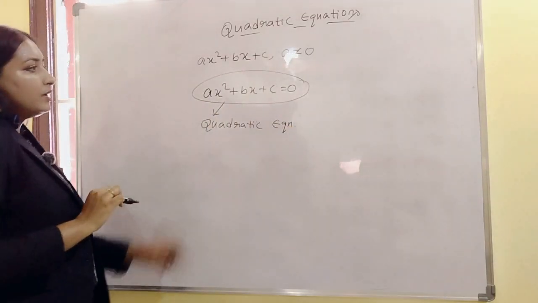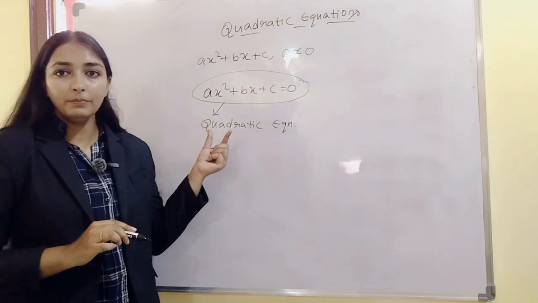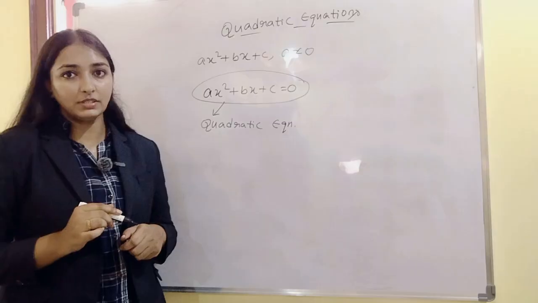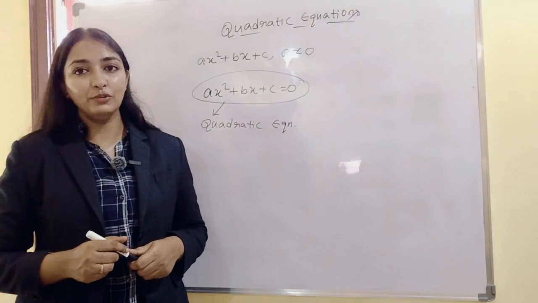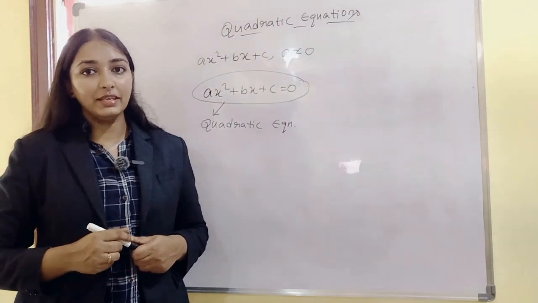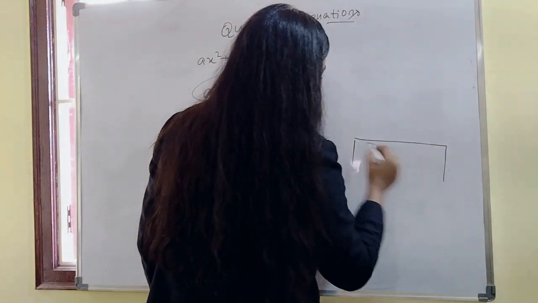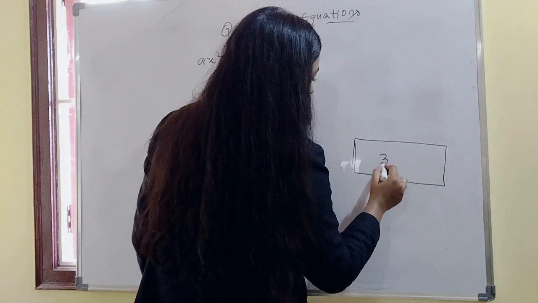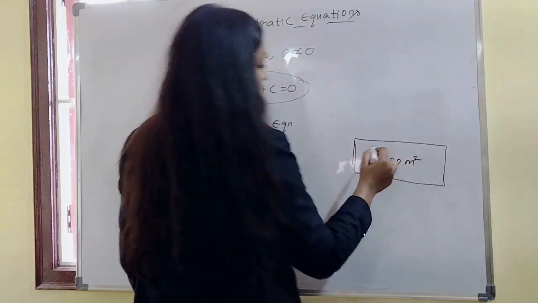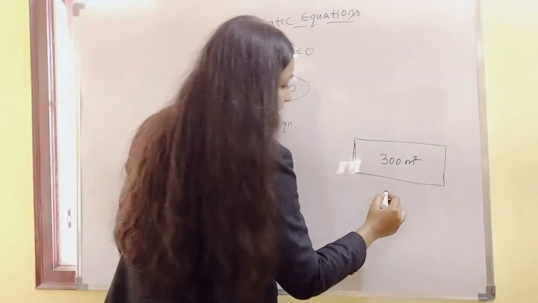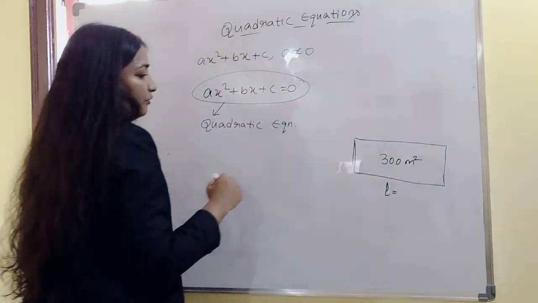Quadratic equations come up when we deal with real life situations. For instance, I want to construct a hall for taking classes of Topper Sutra. The area of the hall is 300 meters square. The hall is in the shape of a rectangle with a length 1 more than twice its breadth.